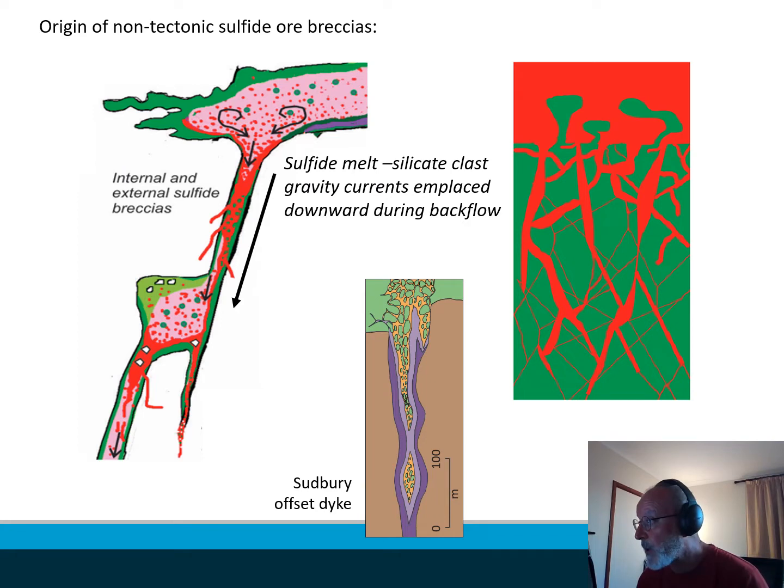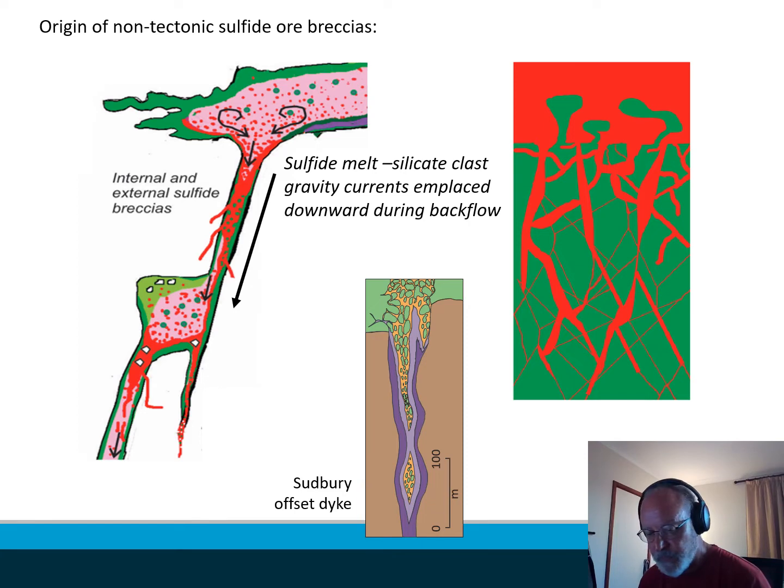Now, one place where that probably is true is the formation of breccias in the Sudbury offset dikes. You might have heard a little about these in other lectures, but basically the Sudbury offset dikes are the result of downward emplacement of slurries of silicate, sulfide, and silicate rock fragments into deep gashes and fractures generated in the floor of the Sudbury impact melt sheet.